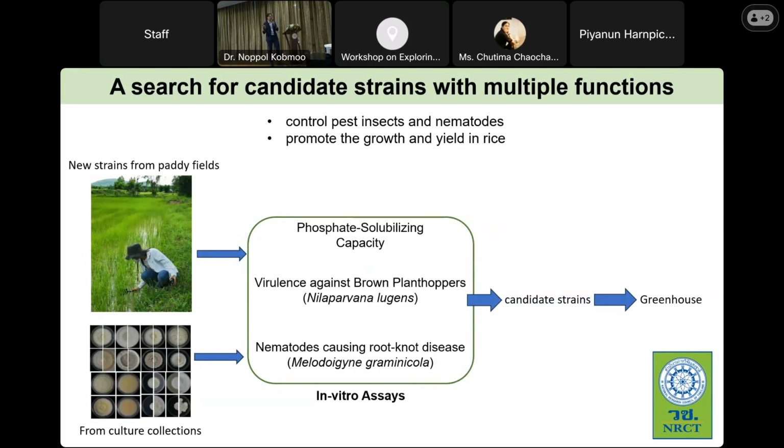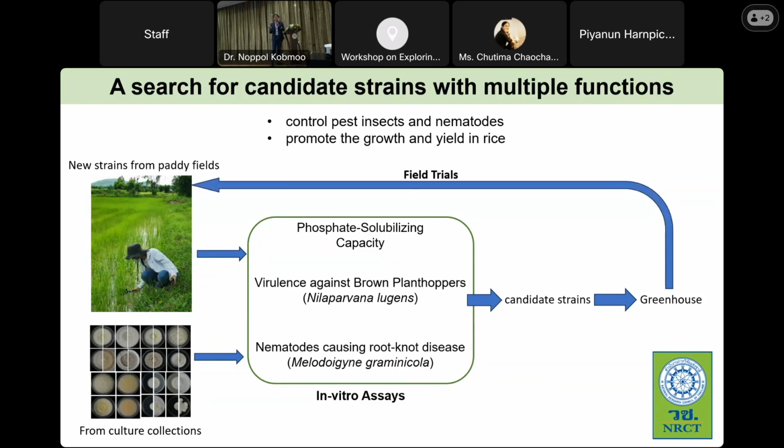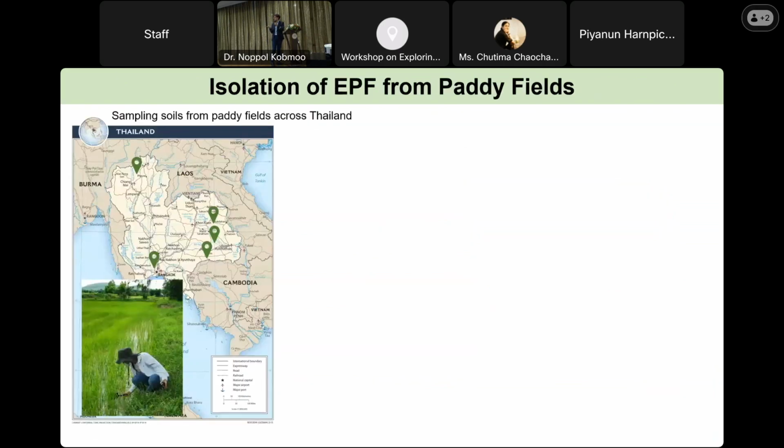So we try to find good candidates at the laboratory scale, implement at the greenhouse scale, and if we have good results, we would love to implement in the field scale also.